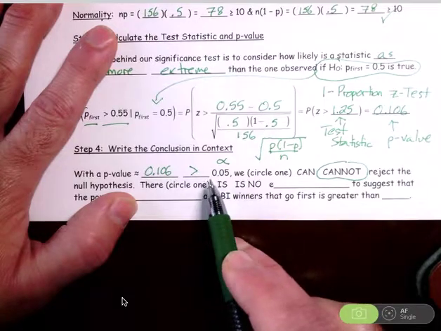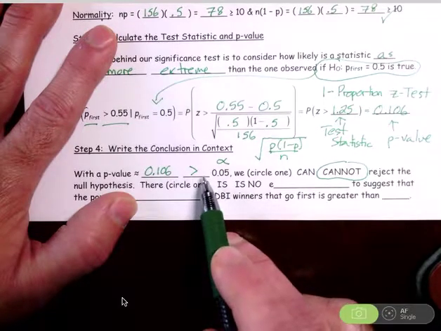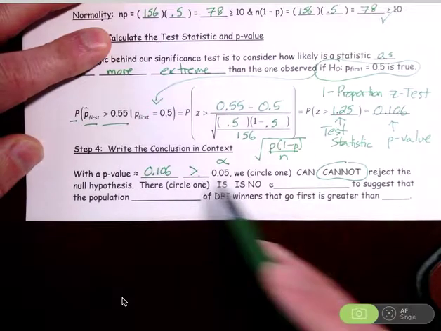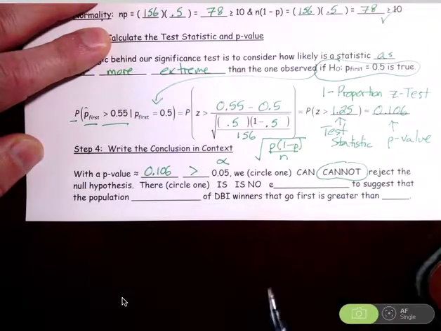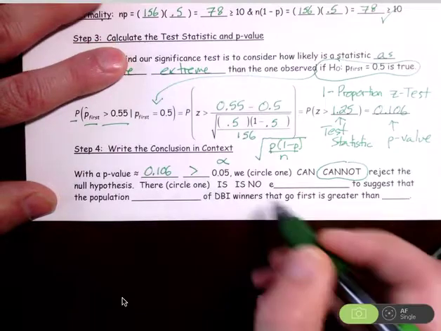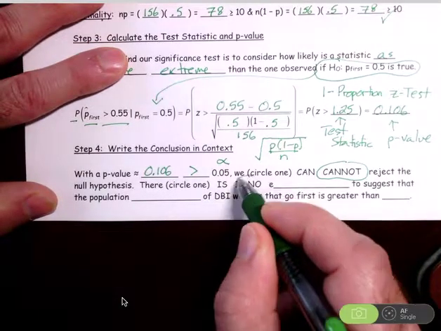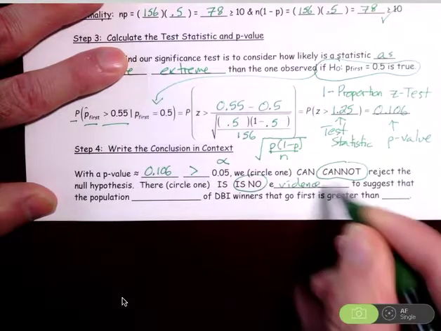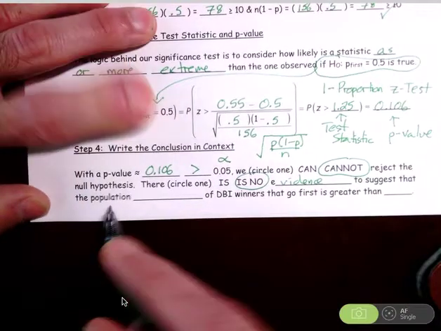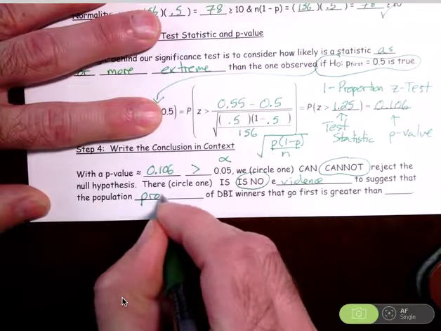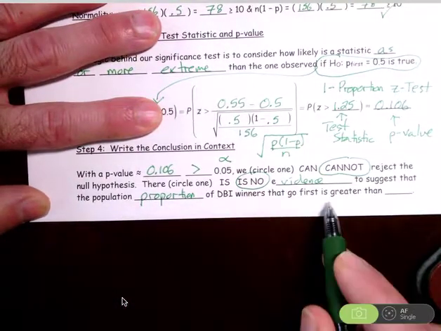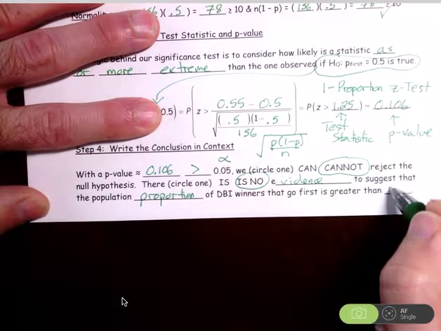This is a relatively likely outcome, or you could think of this as not unlikely. So we cannot reject the null hypothesis. So there is no evidence to suggest that the population proportion of Don't Break the Ice winners that go first is greater than 0.5.